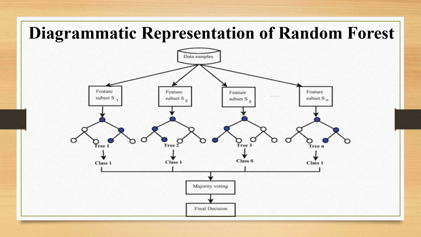During the training phase, each decision tree produces a prediction result, and when a new data point occurs, based on the majority of the results, here mentioned as majority voting, the random forest classifier predicts the final decision for those data samples. We can also add one more example, that is heart disease prediction.